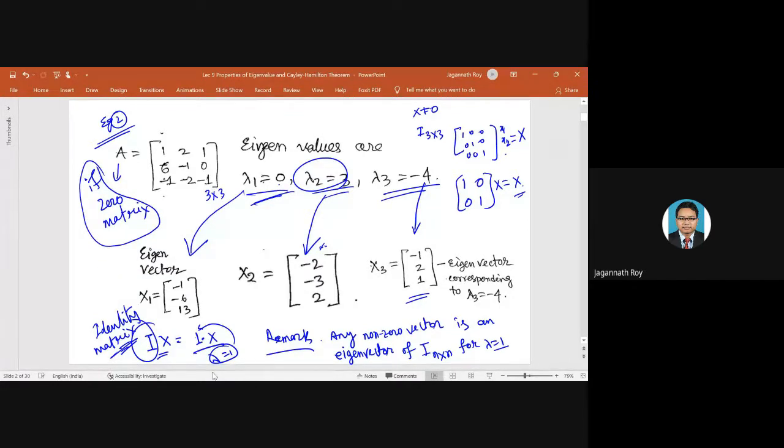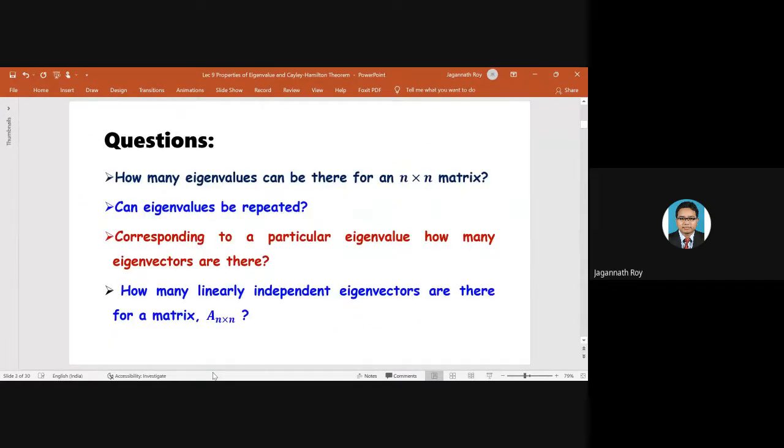Right. Now let us look at this picture. This is a 3 by 3 matrix. We have 3 eigenvalues, and depending on that, we have seen that we can get 3 eigenvectors. Now there is a natural question. If we have an n by n matrix, how many eigenvalues can there be?